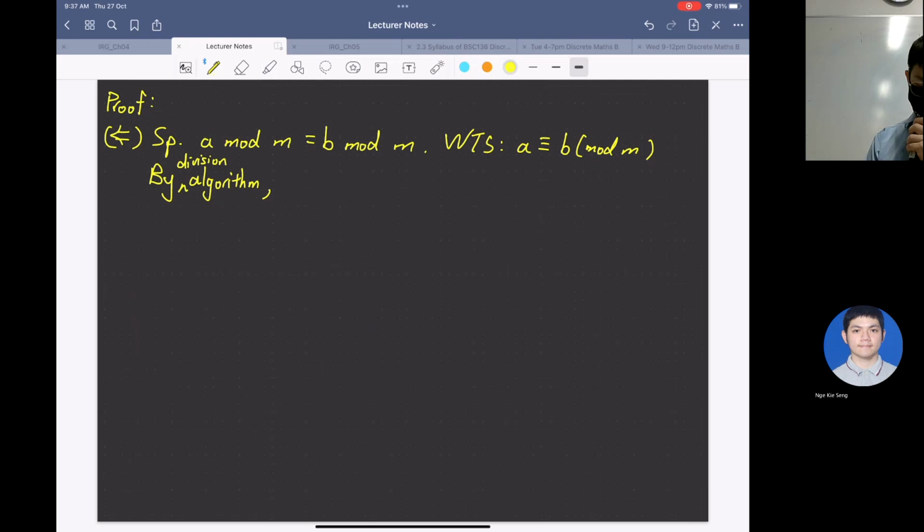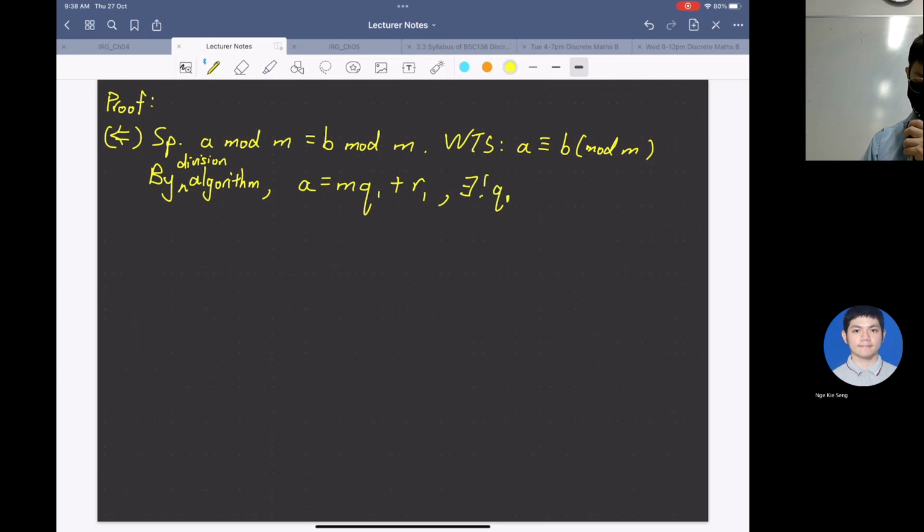The division algorithm says that every number can be divided. There's a unique quotient, let's call it q1, and a unique remainder such that A equals M q1 plus r1.